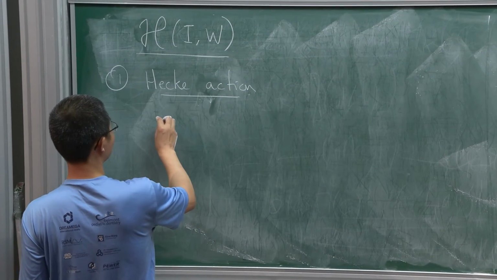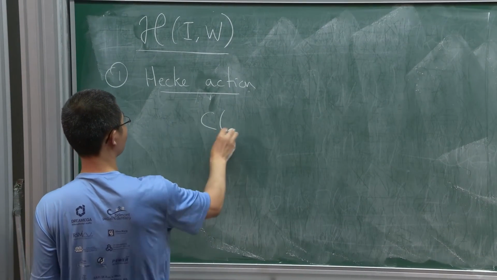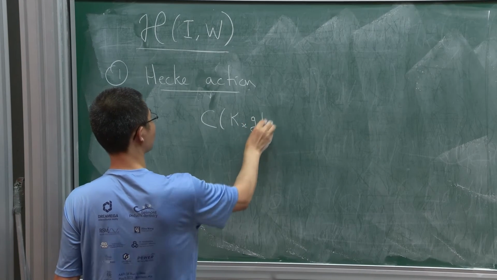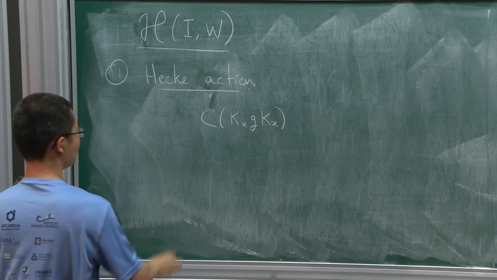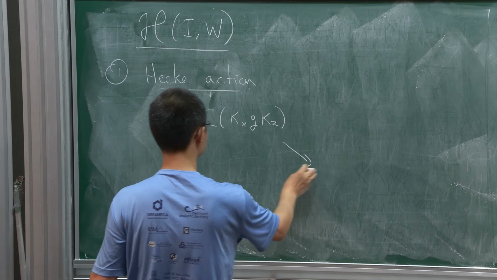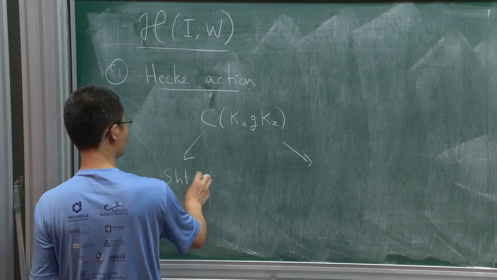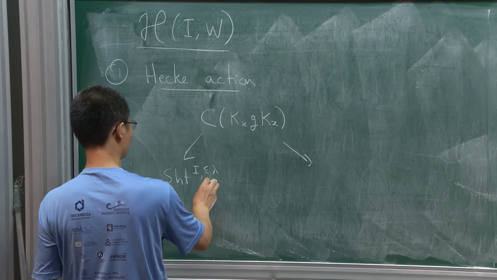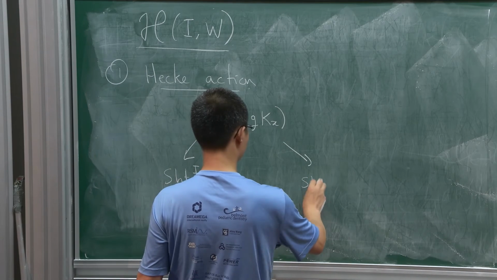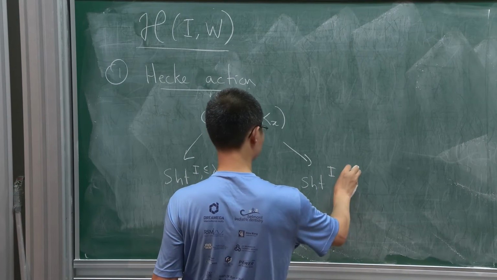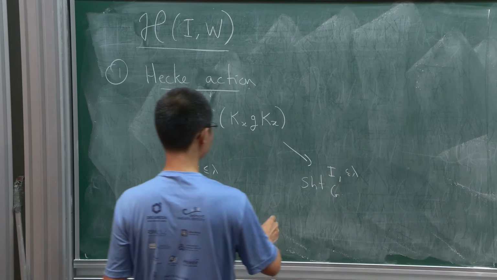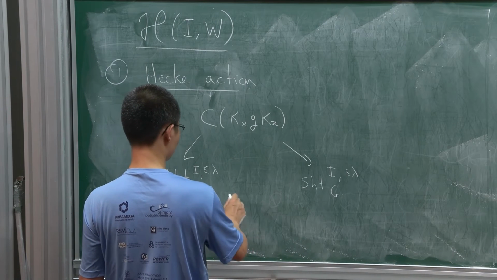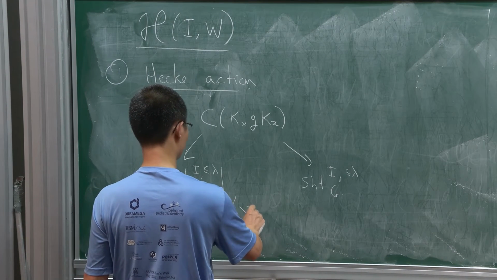If I have a Hecke operator indexed by some double coset, I have finite maps to Shtuka, either iterated or non-iterated, at least restricted away from the point.